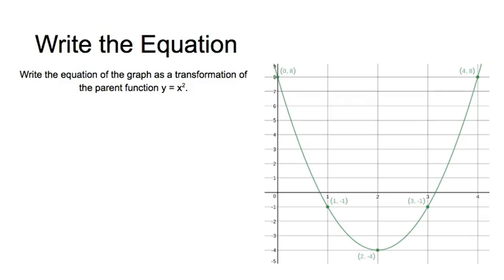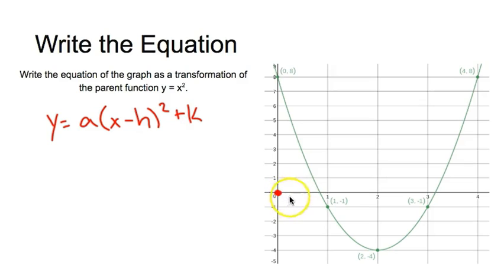Finally, if given a graph, I can write the equation of a transformed function. And so in order to do this, I have to remember that my equation is going to look like y equals a times x minus h squared plus k. And so the first thing I need to do is find out how the vertex has been shifted.